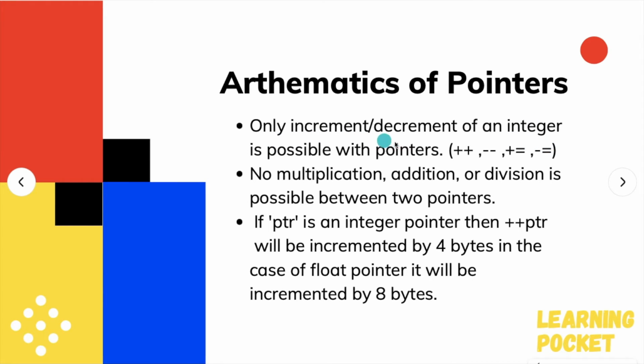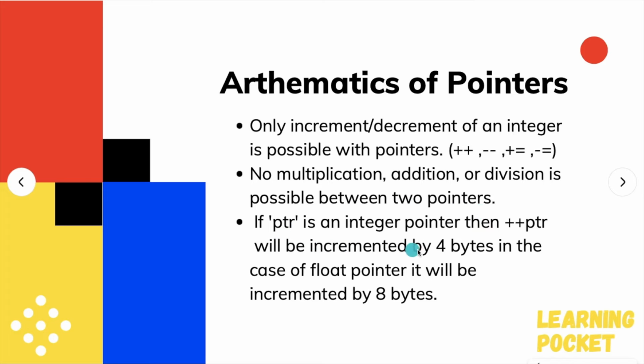Okay, only increment and decrement by an integer is possible with pointers. We can operate on pointers with integers and with these four operations only. We cannot have multiplication, division, subtraction, or addition between two pointers.